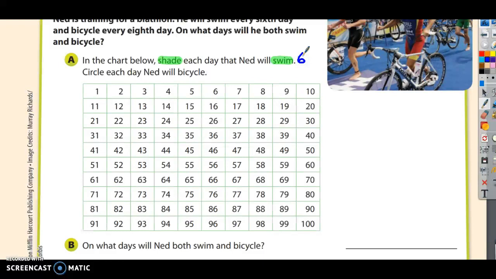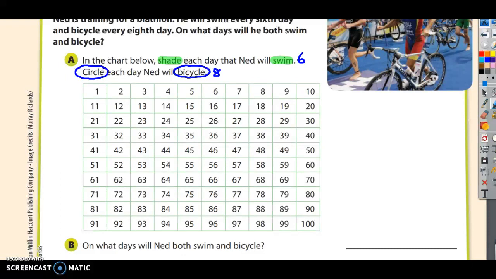And then I'm going to circle when he bikes, and that's going to be every 8 days. You could borrow a colored pencil from me when you do this. I'll get you started, and like I said, if you think you get this, you should hit pause on the video and try it.